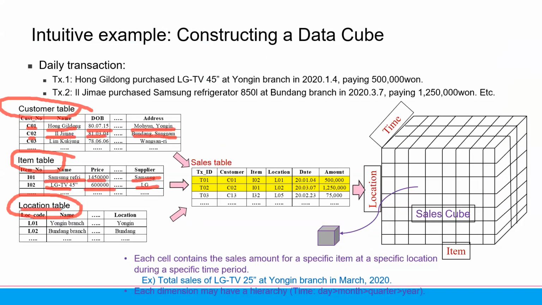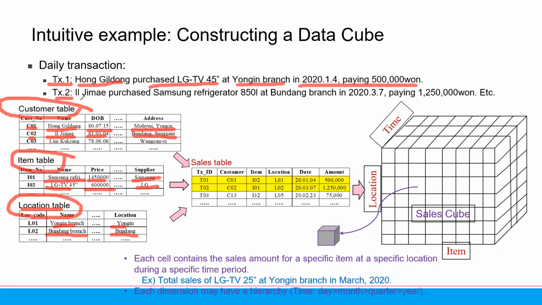The location table means the store. Let's say this is the Yongin branch, located in Yongin, and this is the Bundang branch, located in Bundang. In transaction 1, Hong Gildong purchased an LG TV 45-inch at the Yongin branch in 2020, paying Osiman.